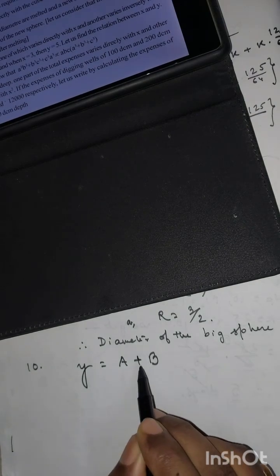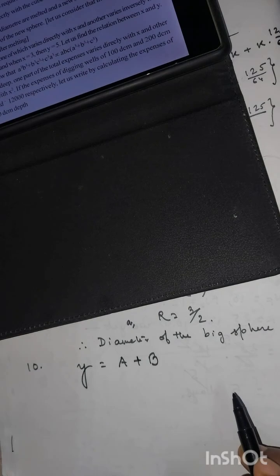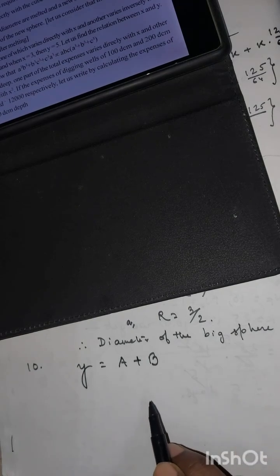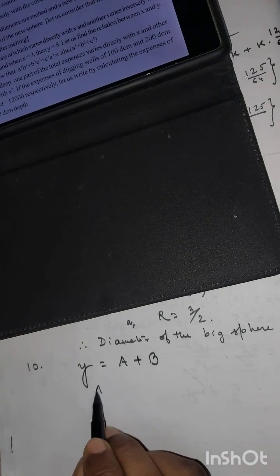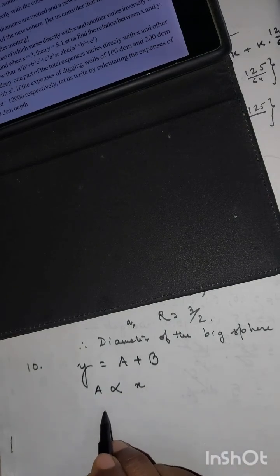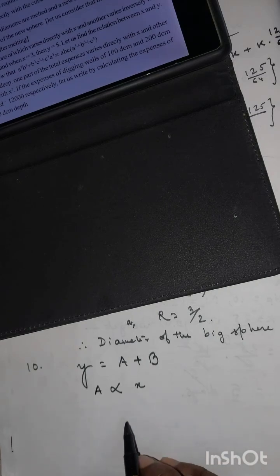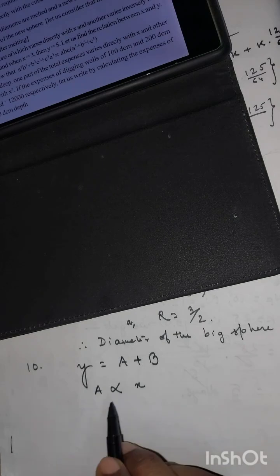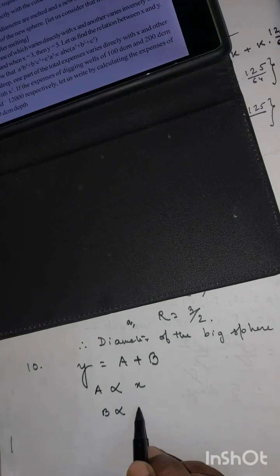Y is the sum of two variables, one of which varies directly with x. So let us say a varies directly with x and the other varies inversely with x. Okay, so we can say b varies as 1 by x.